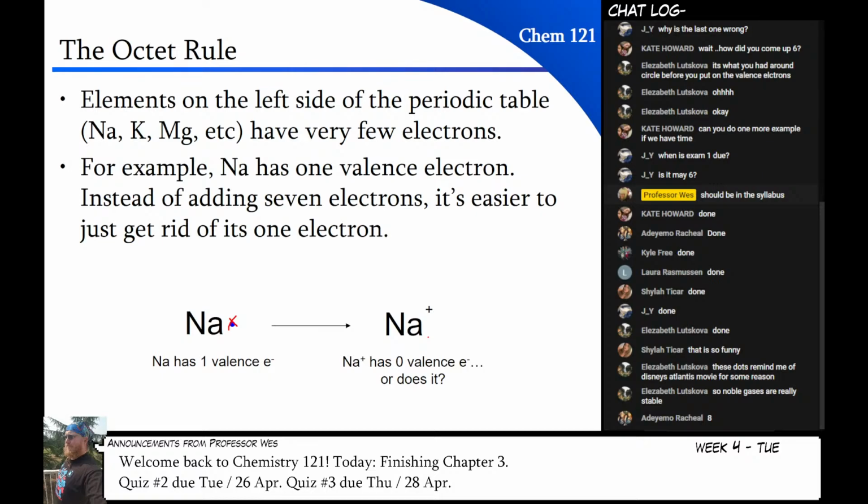So the takeaway here is that if an atom has 0 valence electrons, treat it like an octet. Because in reality, there is an octet. It is just buried under the layer that you just removed.